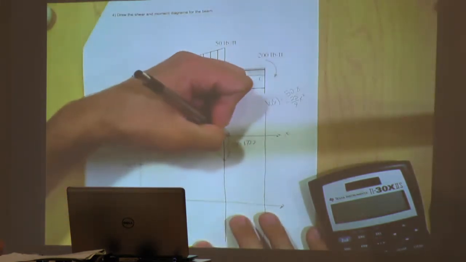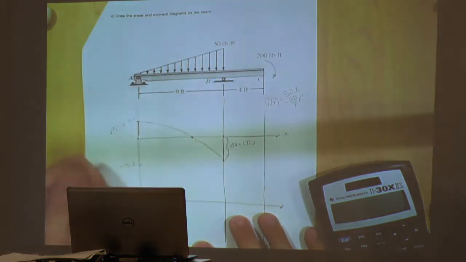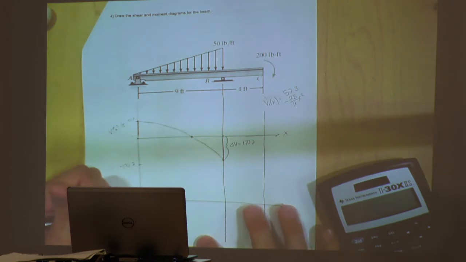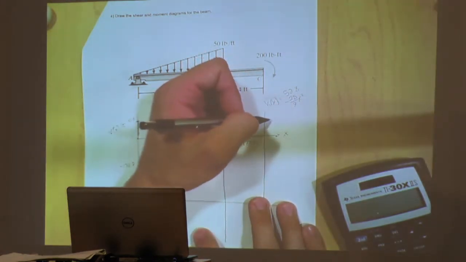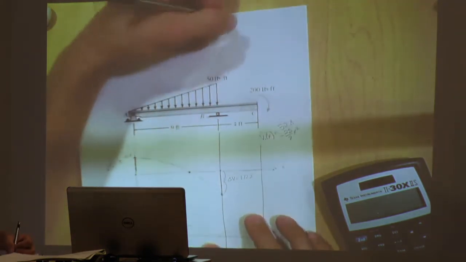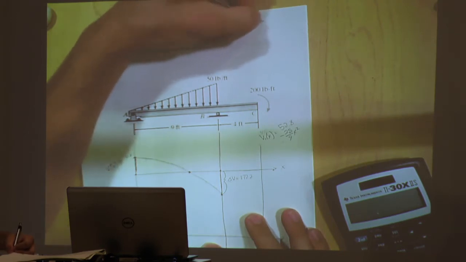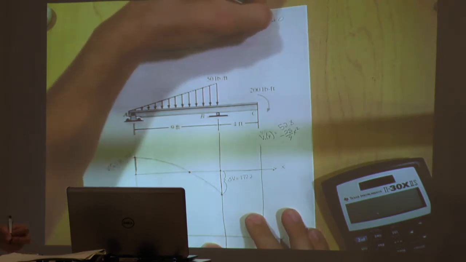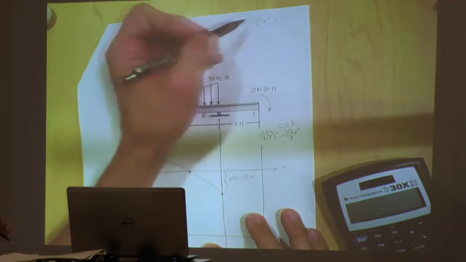So we'll need to know what that x value is. How do we find where this crosses the x-axis? Yeah, you set this equation equal to 0 and solve for x. So you'll have 52.8 minus 25 over 9 x squared is equal to 0. You'll just add this over, divide out this, and square root it.